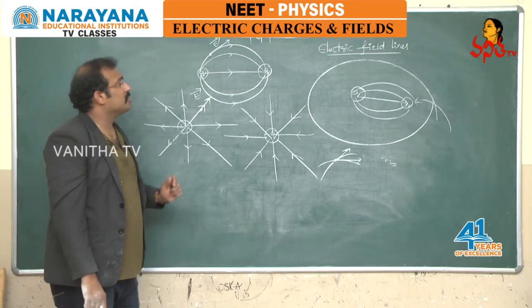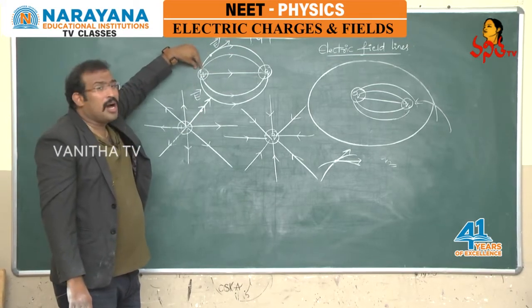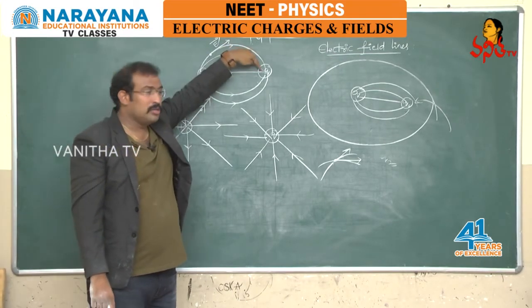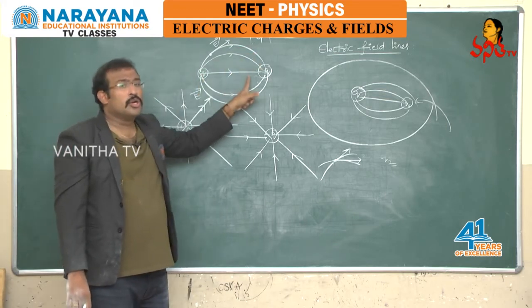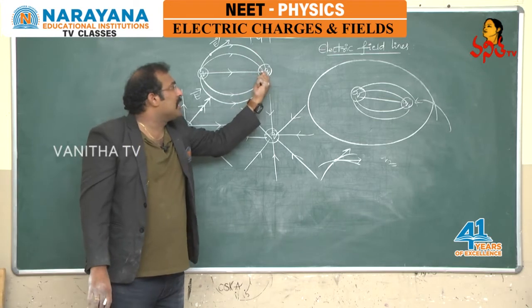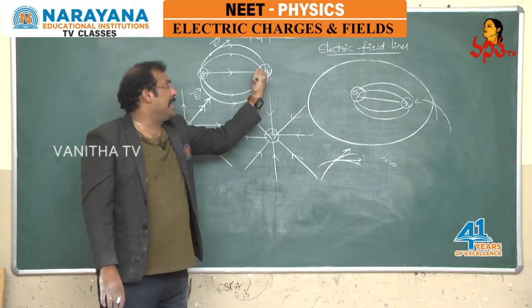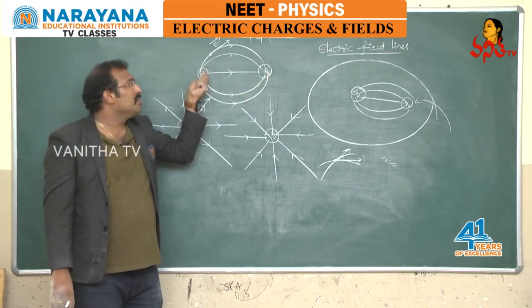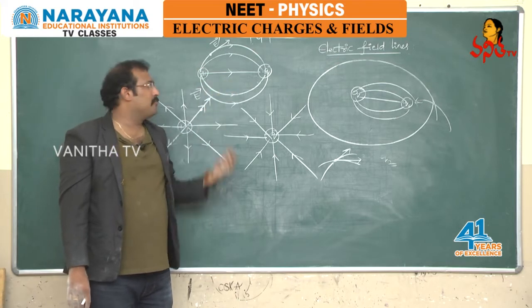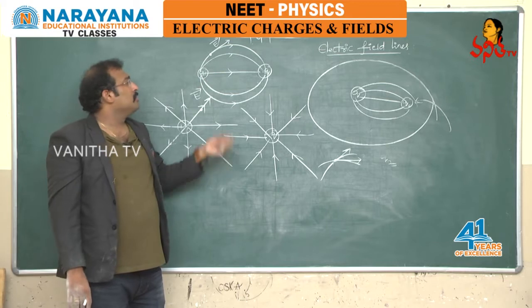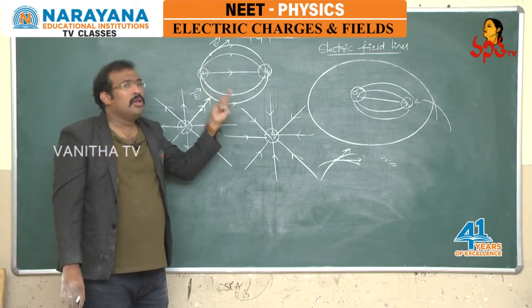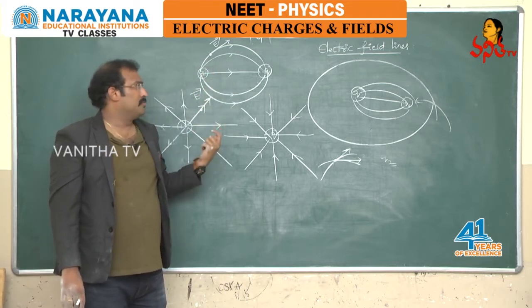The second one is the field lines start on positive charge and end on negative charge. That is, they are not closed loops. They cannot travel from negative charge to positive charge. These are unlike magnetic lines of force. So therefore we can simply say the field lines are not closed loops.